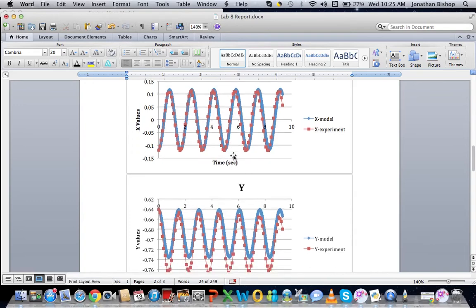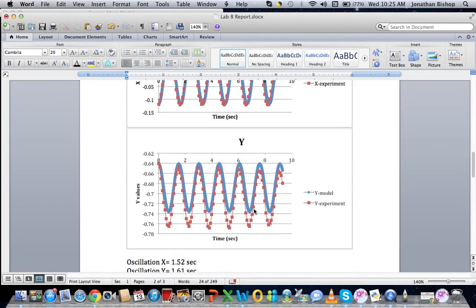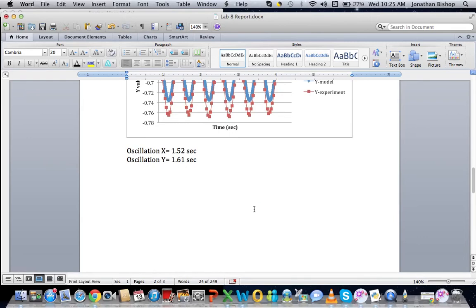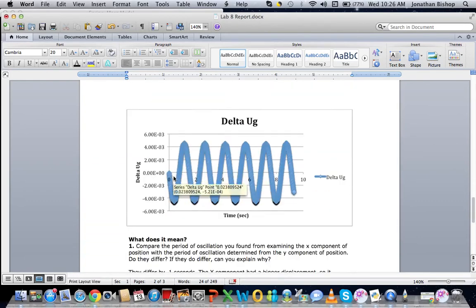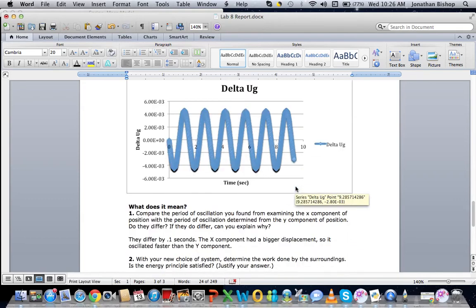The model predicted the experiment very accurately, and same with the Y component. And from these, I was able to get the oscillation periods of the X and Y, which I'll use later in my discussion. And then here is my change in spring potential energy, which I was able to plot also.